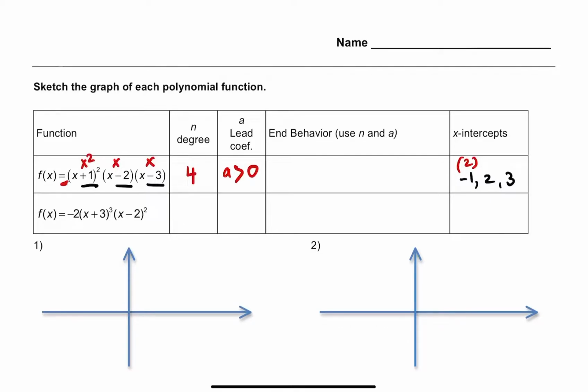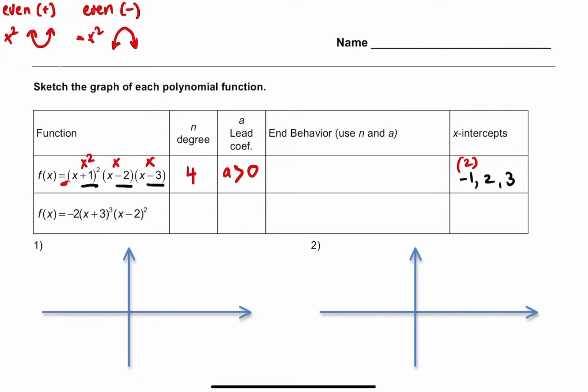And I'm going to give you a little cheat sheet. So if I have an even and positive function, I can think of x to the second, which looks like this. If I have even negative, then it would look like -x², which opens down.